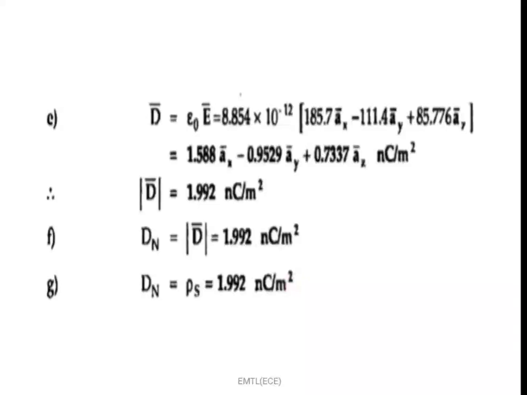Now the next problem. The interface between two dielectrics is defined by the x equals 0 plane. For dielectric 1, x greater than 0, epsilon r1 value is equal to 4, while for dielectric 2, that means the second medium, x less than 0, its permittivity epsilon r2 value is equal to 3.